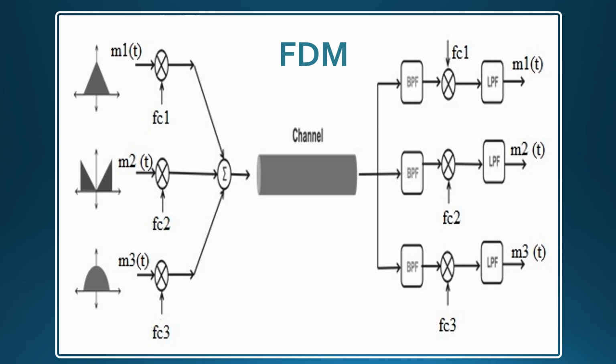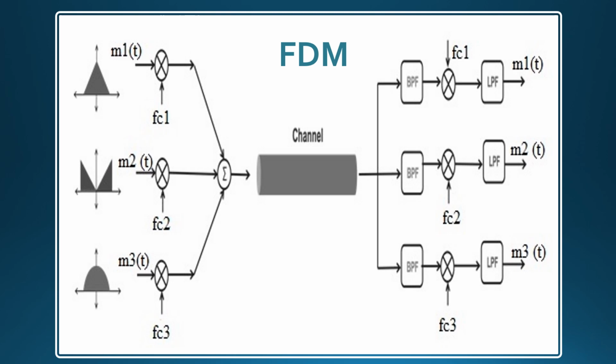After that, there is a mixer which mixes all the frequencies and passes them through a single channel. That is the concept of how we can transfer different signals in a single channel.